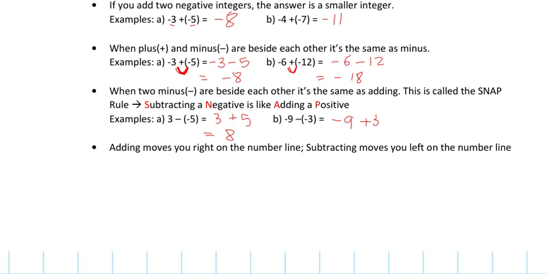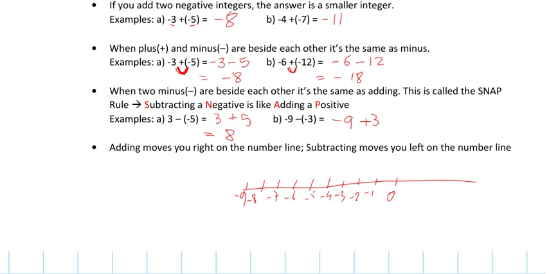Now, if you look at this, you're at negative 9 and you're adding 3. So where would you end up? Negative 6. I'm going to show you, okay? So you're at -9, and then because you're adding, that means you're moving to the right.